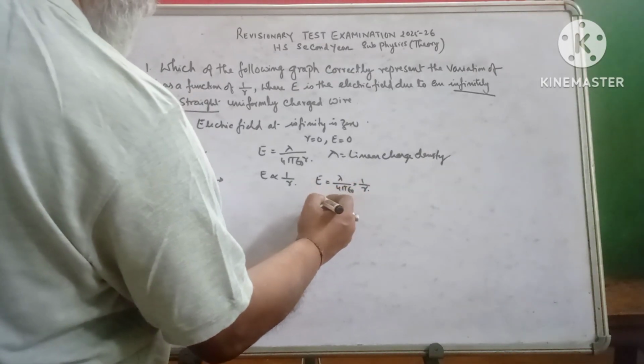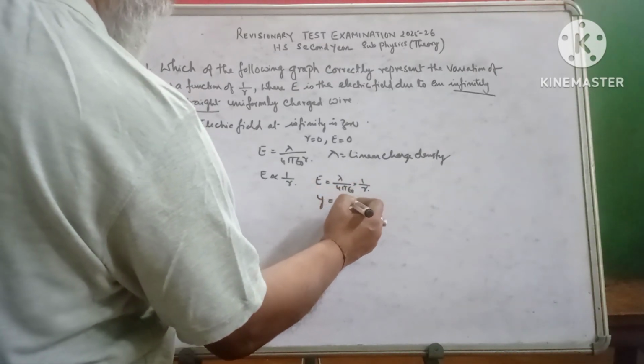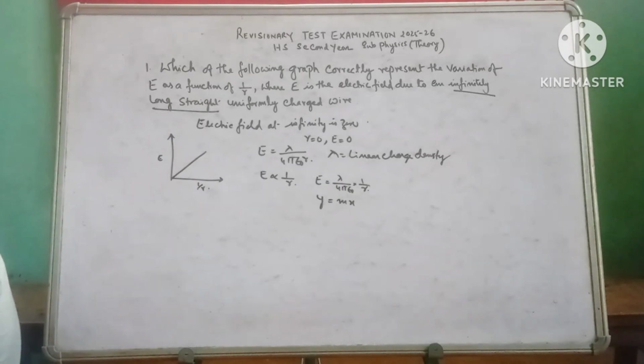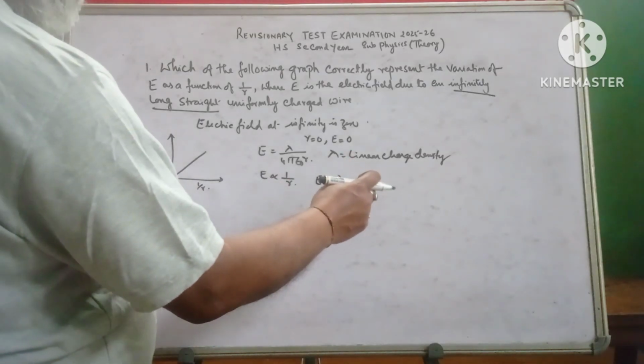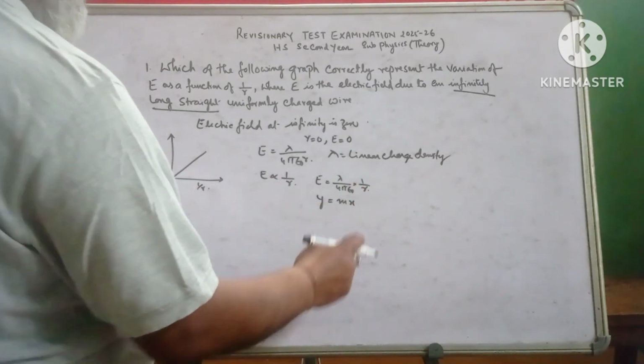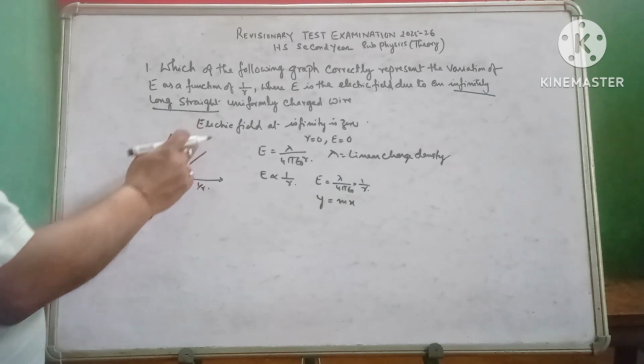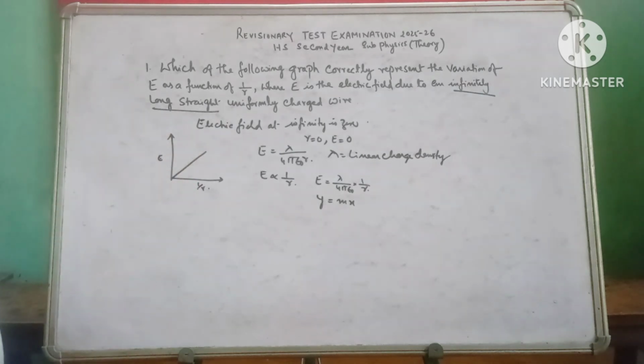You can compare with y is equal to mx. Here this is the slope, and 1 by r is x. So it becomes a straight line, and this one will be your graph.